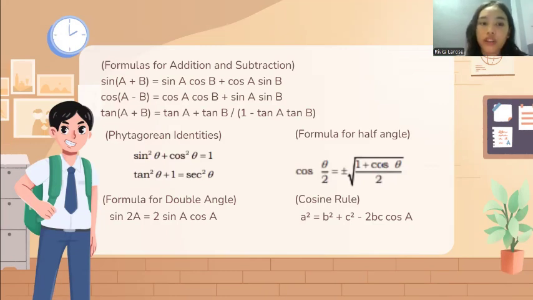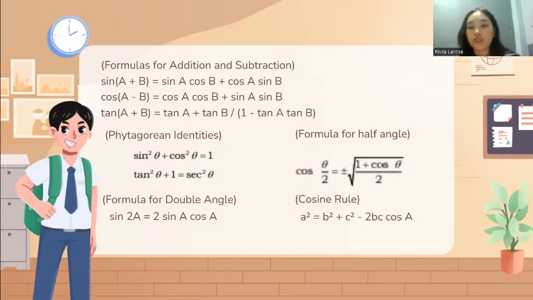For Pythagorean identities, sine squared theta plus cosine squared theta is equal to 1. Next, tan squared theta plus 1 is equal to secant squared theta. Next, the formula for double angles: sine 2A is equal to 2 sine A times cosine A. Next is the formula for half angles: cosine of theta over 2 is equal to plus or minus root of 1 plus cosine theta all over 2.